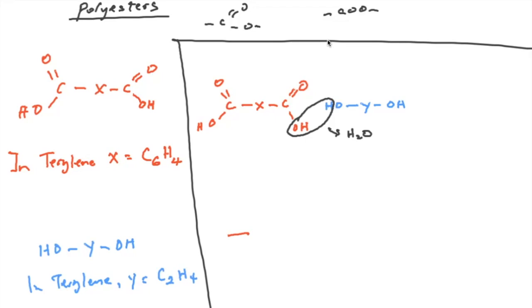If we're starting with the acid, we would just write a line to represent the bond after having taken off this OH. So we'd have C double bond O, then X representing the variable hydrocarbon group, then we'd have C double bond O, and then we have this other O now, which is coming from the dialcohol, which we're going to put in blue so we can see where they're coming from.